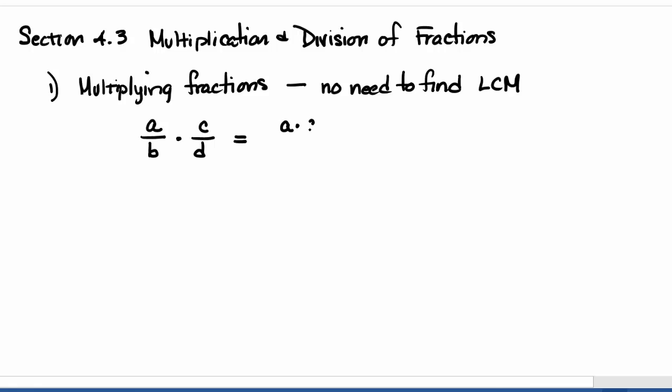It's the same as a times c over b times d. Okay? And the other thing I want to introduce is that oftentimes the word "of" means multiplication.